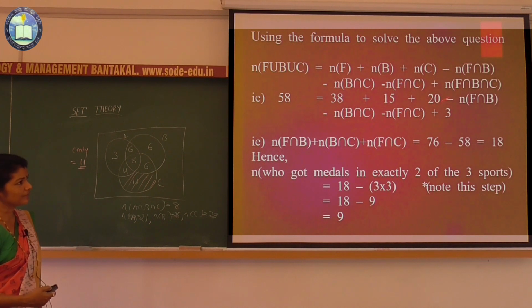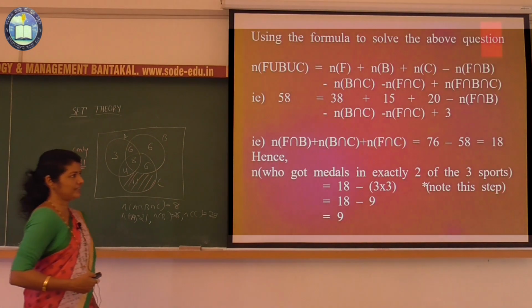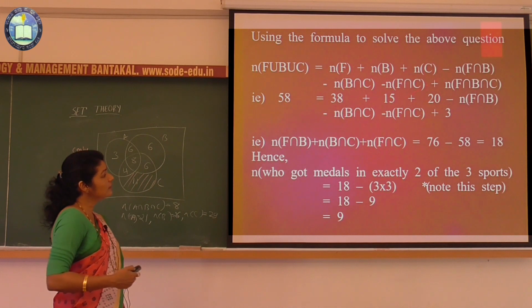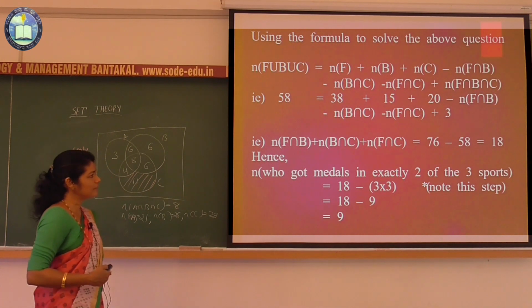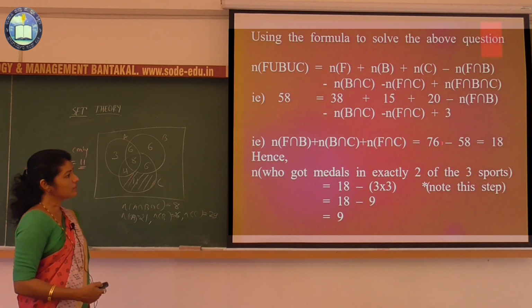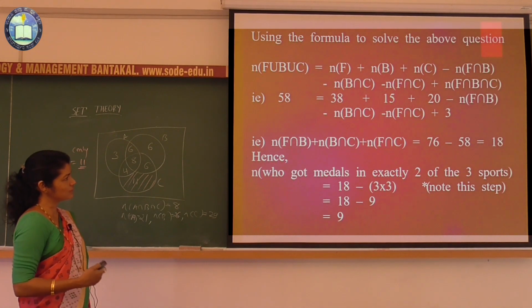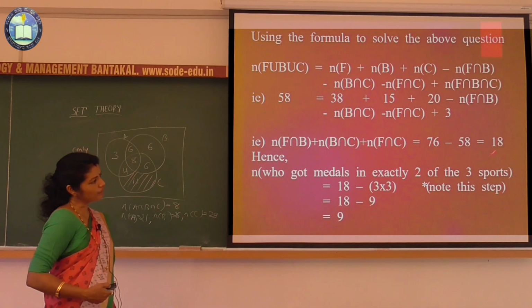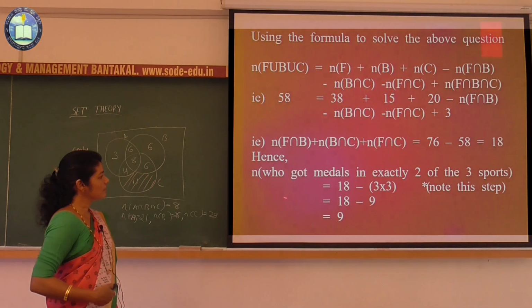So this is needed: N of F intersection B, N of B intersection C, N of F intersection C. If you take the minus as common outside and shift that to the left side, it becomes like this. So 76 minus 58, add all the 3, then bring this to the right side. 76 minus 58 gives you 18.